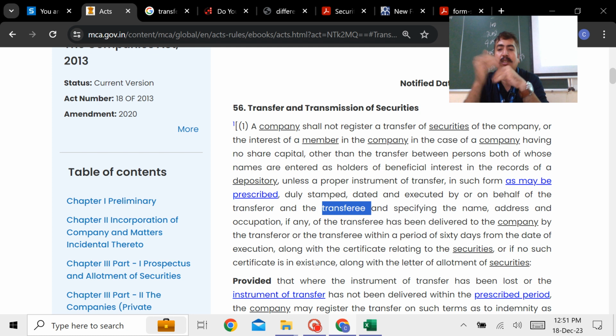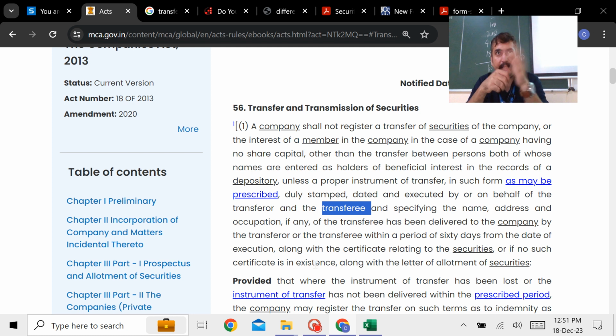Okay, now in this paragraph, I have a question. Transferor has signed, the transferee has signed, but who will deposit this form to the company? Whose duty is it? Any of them. What will the answer be? So the transferor may go, the transferee may go. Both are parties to the contract, no issue.